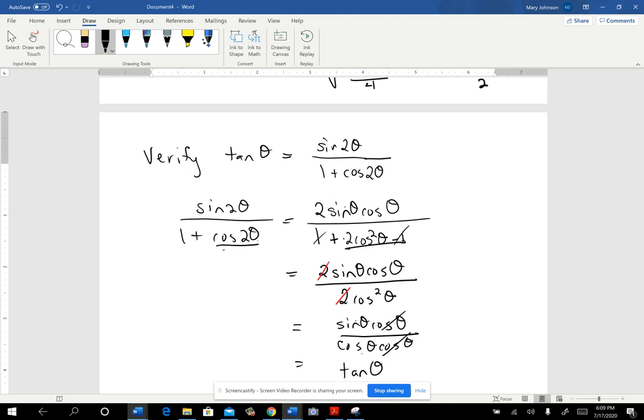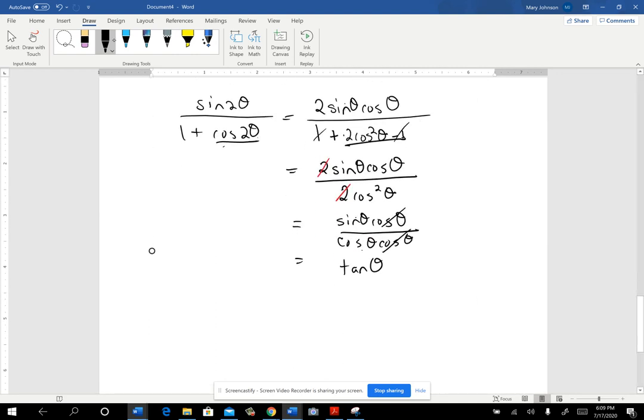All right, why don't we try one more verifying? How about one like this? What if I wanted to verify that tangent of alpha over 2 equals, this looks pretty messy, secant alpha over secant alpha cosecant alpha plus cosecant alpha.